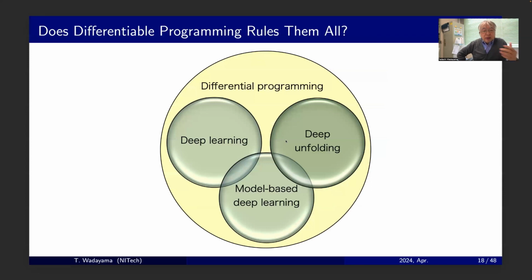So the scope of differentiable programming is very wide. Maybe it includes deep learning and also model-based deep learning and also deep unfolding as shown in this figure. Because all of them rely on the automatic differentiation mechanism.